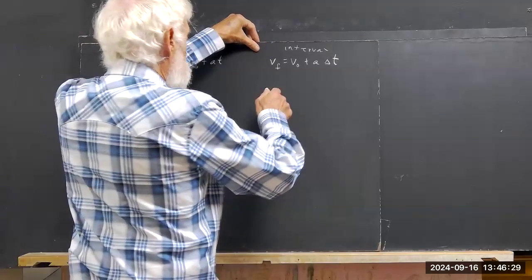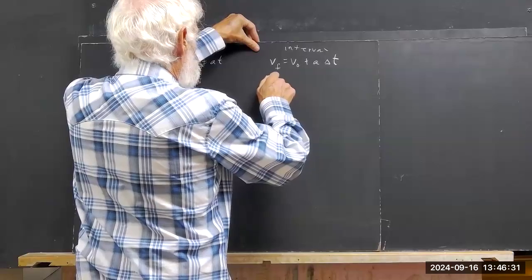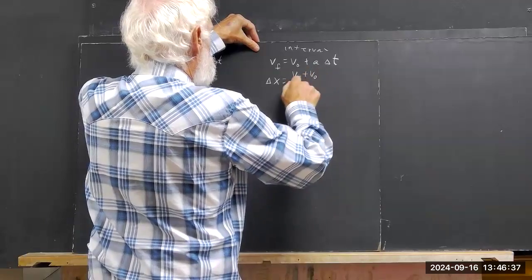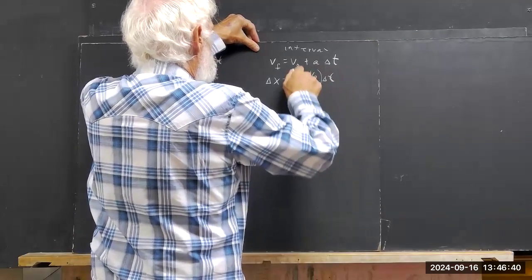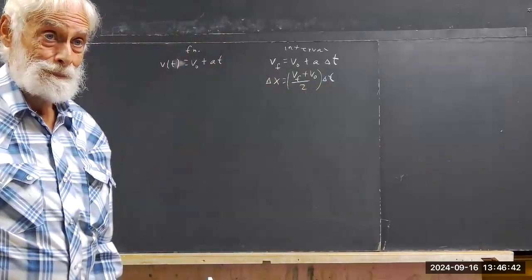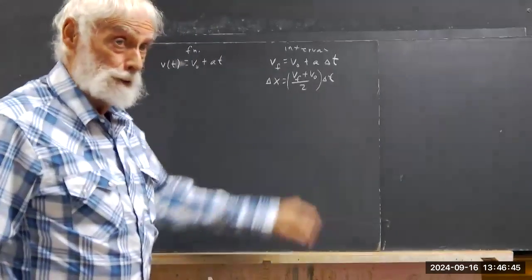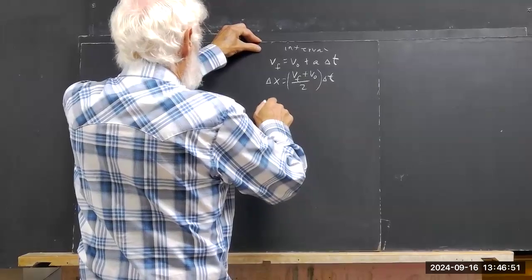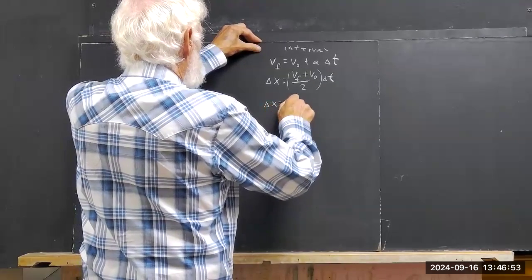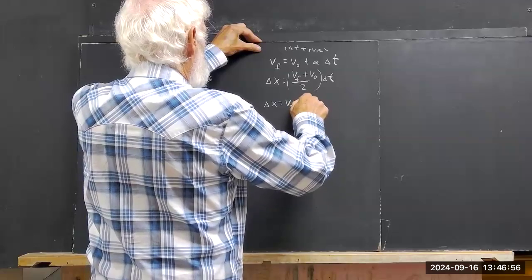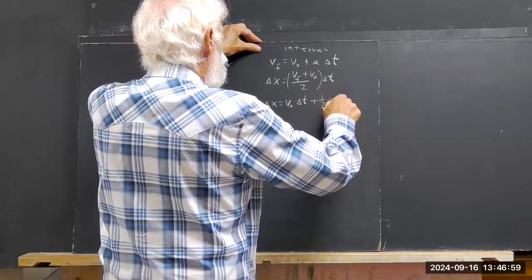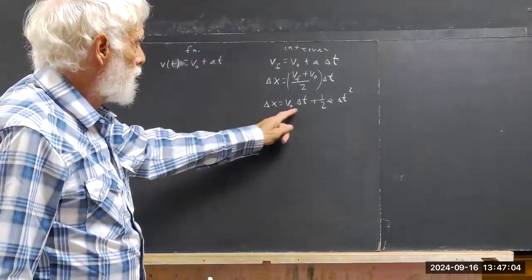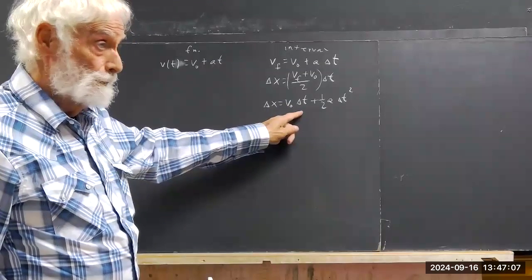Anyhow, that's one of your equations. Your other equation is delta x equals (VF plus V naught) over 2 times delta T. So that's something we just used, because that's average velocity times delta T. And then you have delta x equals V naught delta T plus 1/2 A times the square of delta T. This is how far you would move if your velocity didn't change.